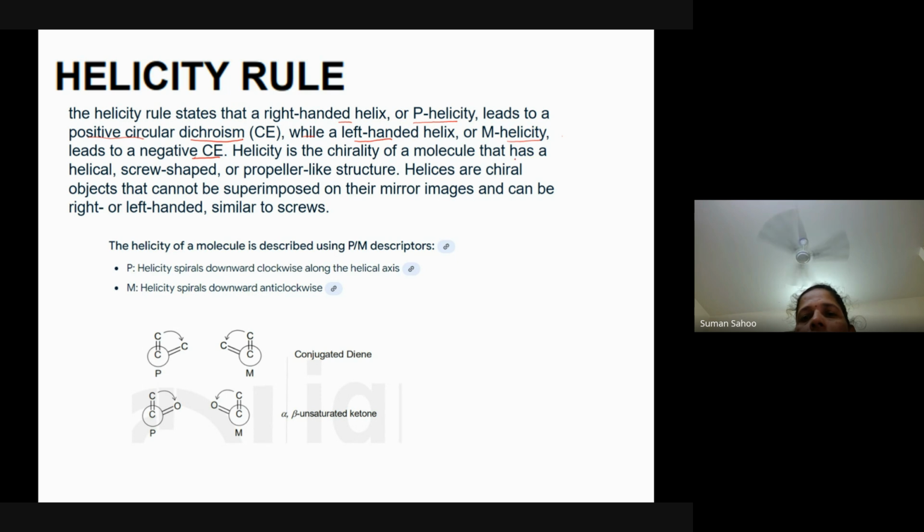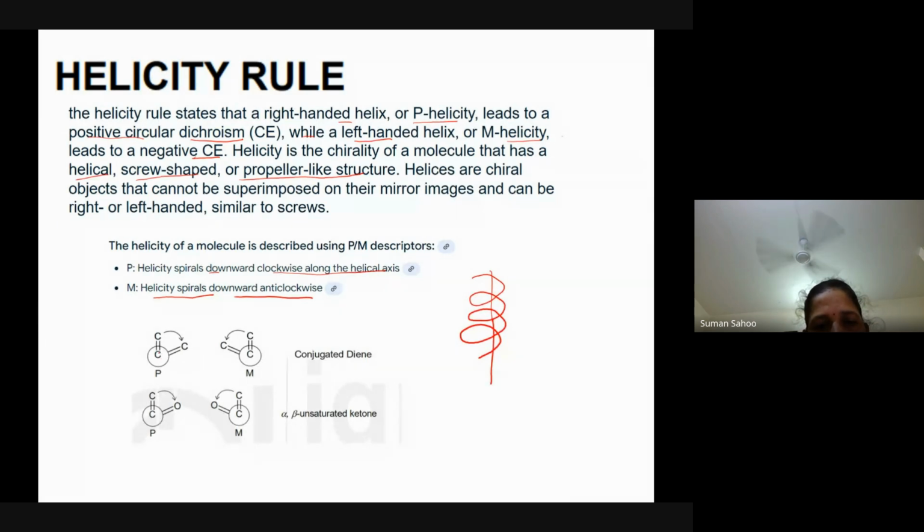So what is helicity? Helicity is the chirality of a molecule that has a helical, screw-shaped or propeller-like structure. P helicity spirals downward clockwise along the helical axis. Like we know that DNA is a helical molecule, it goes like this. M helicity spirals downward anti-clockwise.